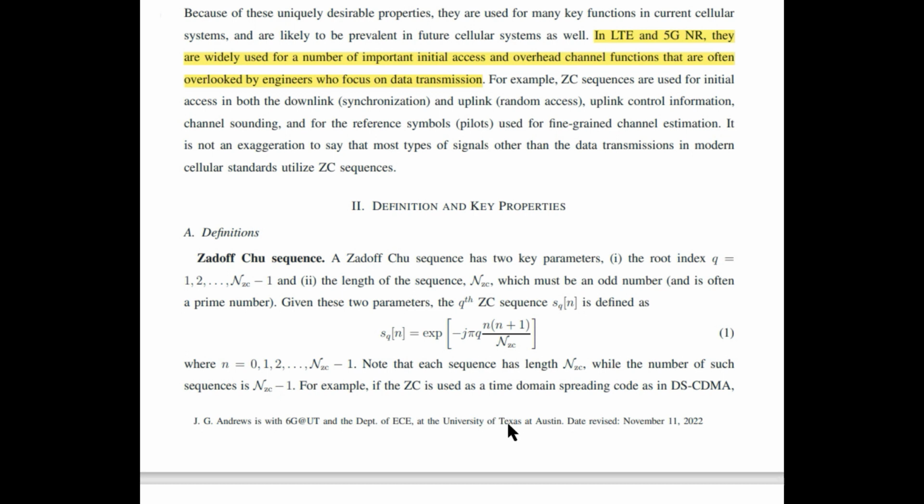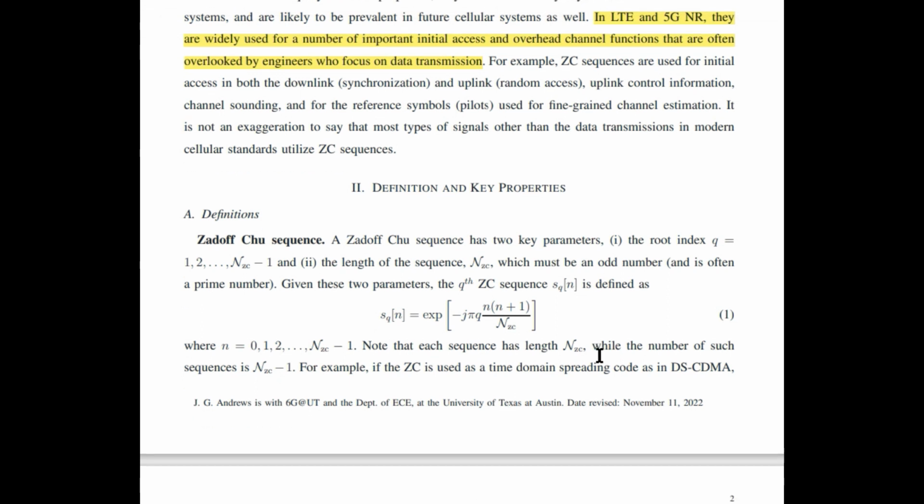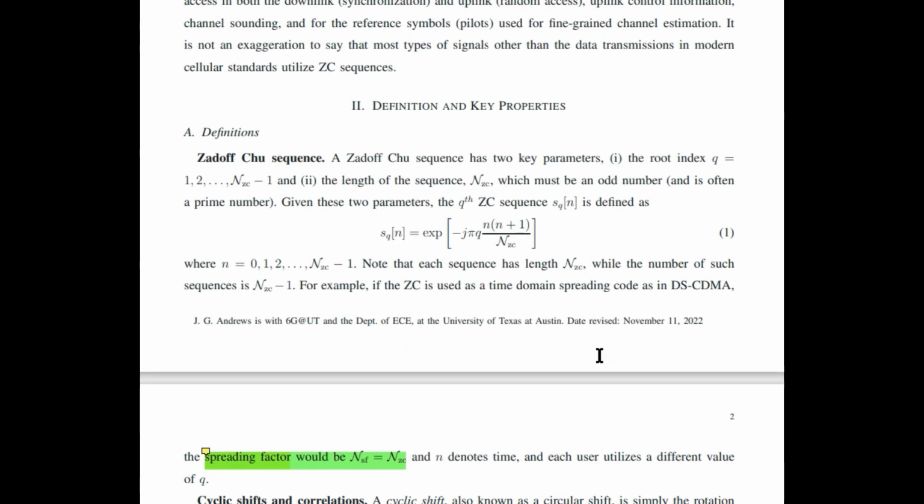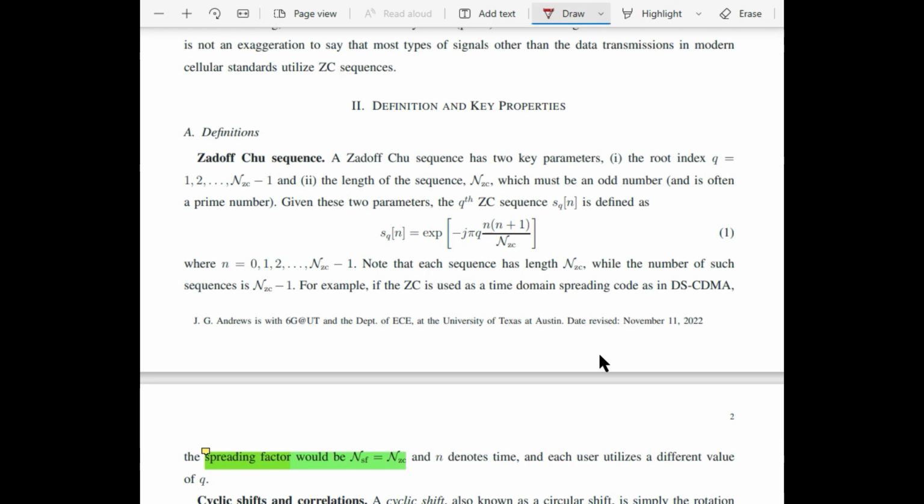One parameter is Q and another parameter is NZC, which is the length, right? So you see that a ZC sequence has two parameters. Q ranges from 1 to NZC minus 1, and the length is NZC, which must be an odd number, or a prime number.